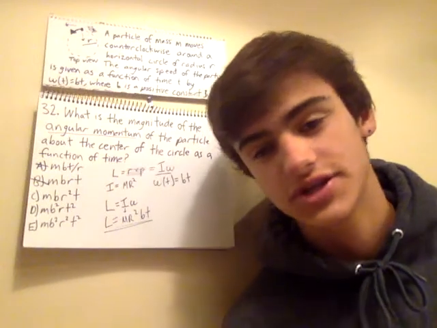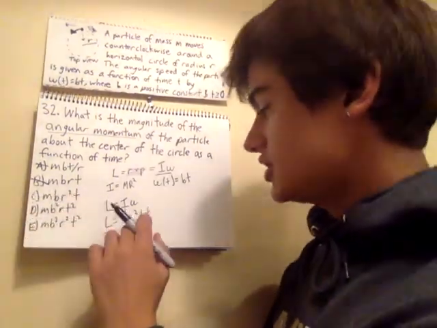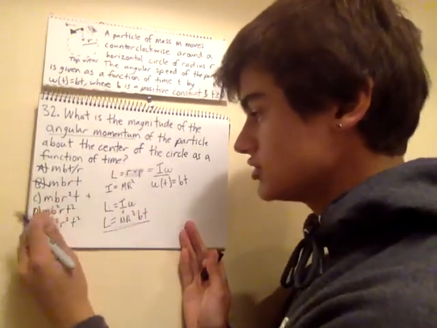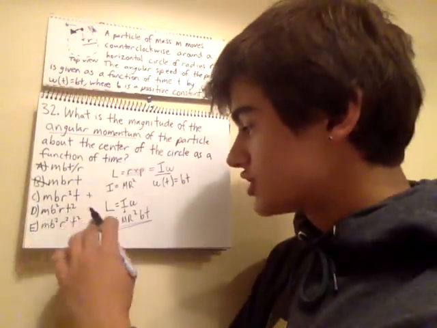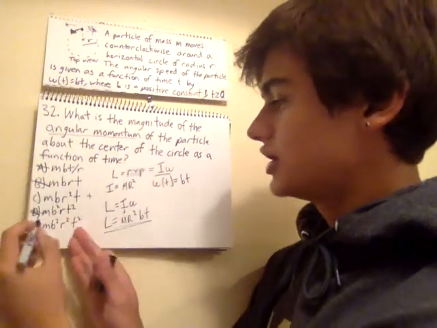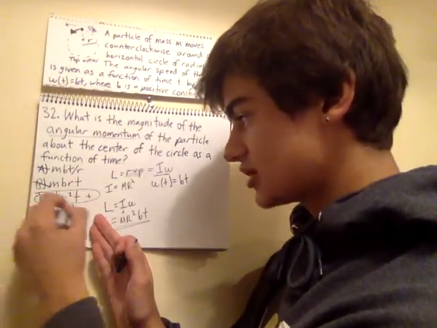They both mean radius. Here we have mbr squared t. Yep, that looks right. Let's read the rest just to make sure we have no overlap. mb squared rt squared, nope, there's just a b, no b squared, and then a whole bunch of squares, which is wrong. So, yes, C is our correct answer.